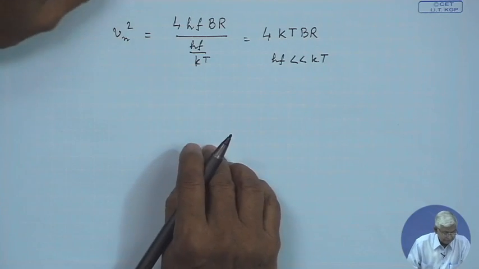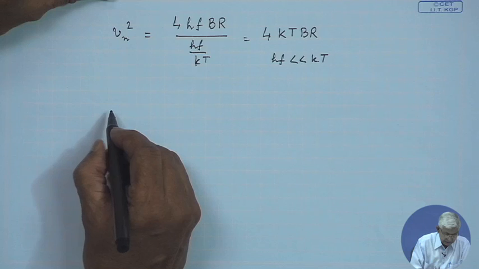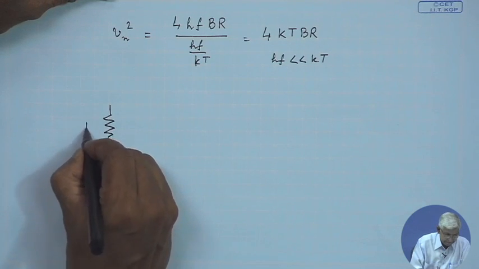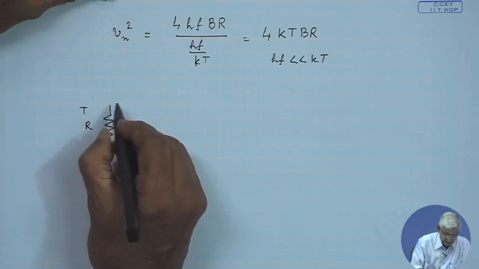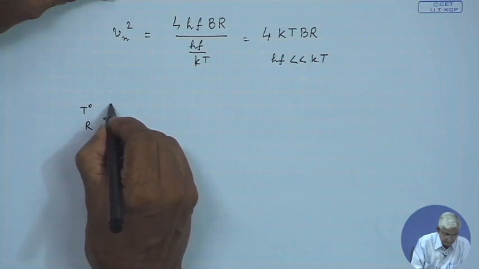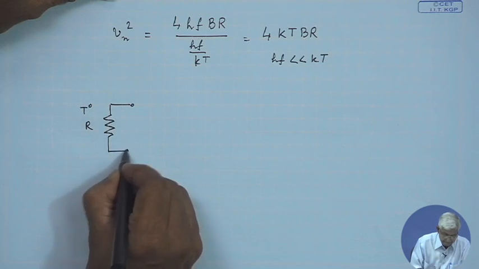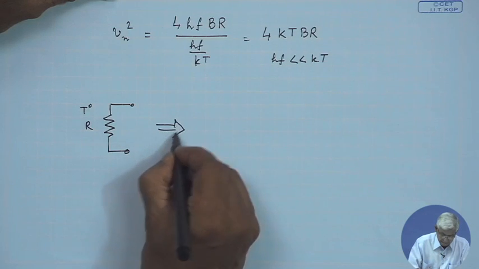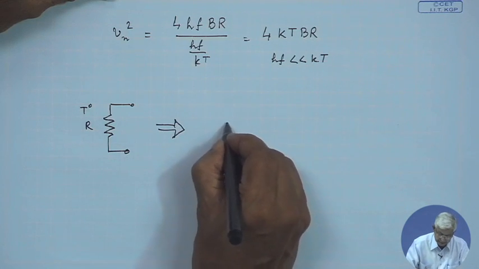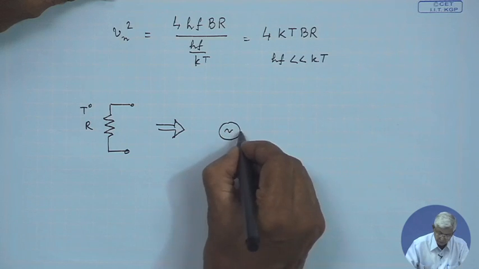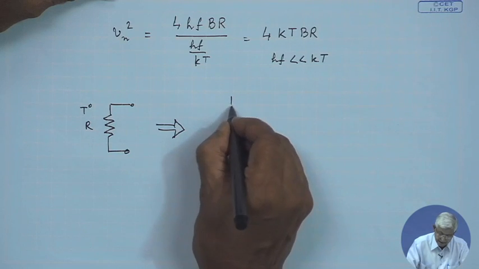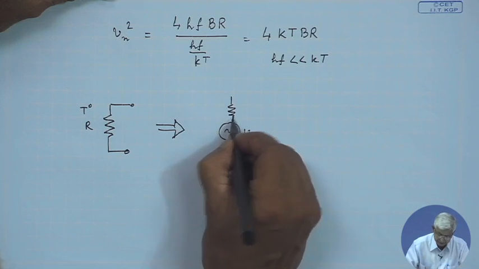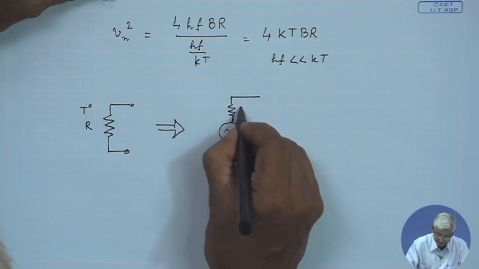Now, let us see. There is a resistance R, at temperature T degrees, whose equivalent could be drawn as a noise voltage source Vn and a noiseless resistor.